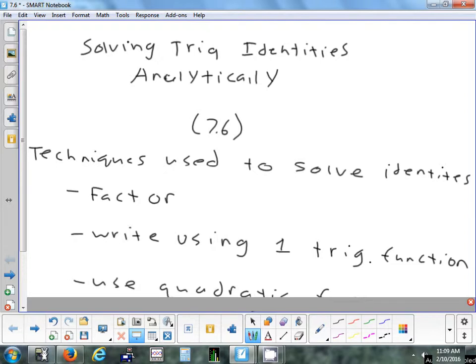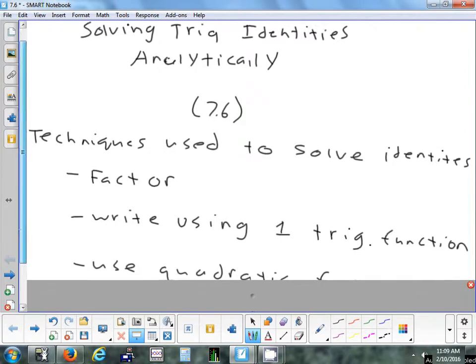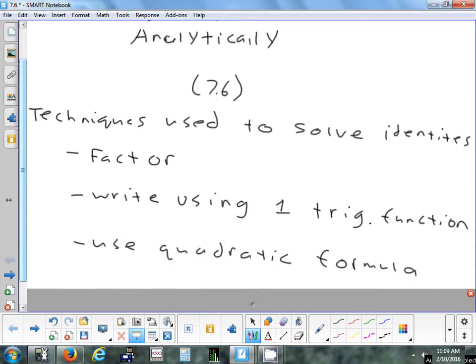Okay, factoring. Try writing a problem that has multiple trig functions just in terms of one. Try to make the whole problem have sines in it or cosines, but not a mixture of different ones. And we can also use the quadratic formula.